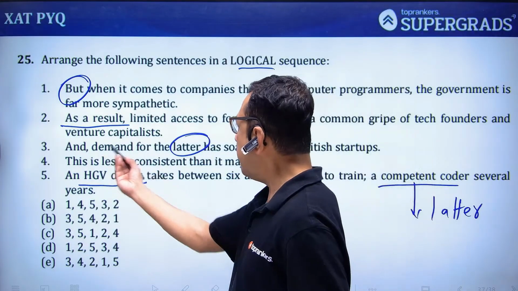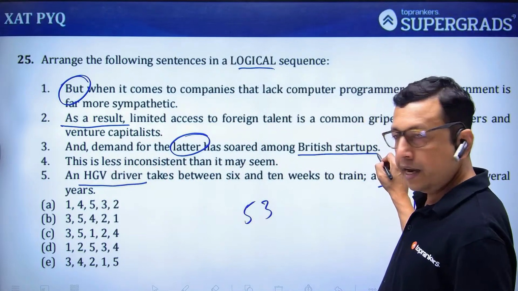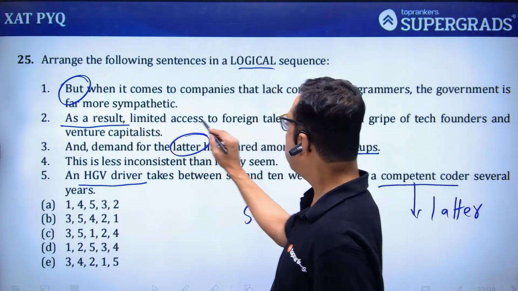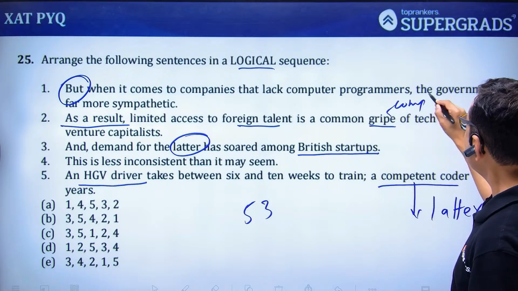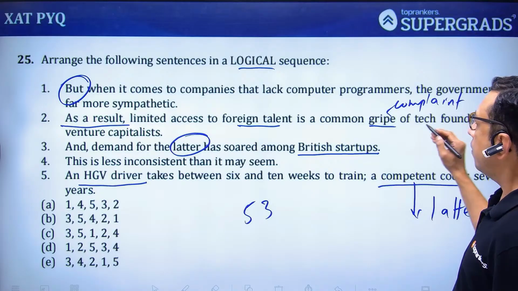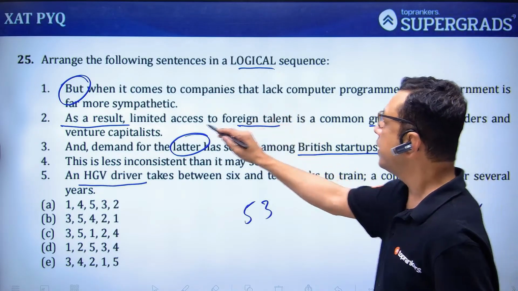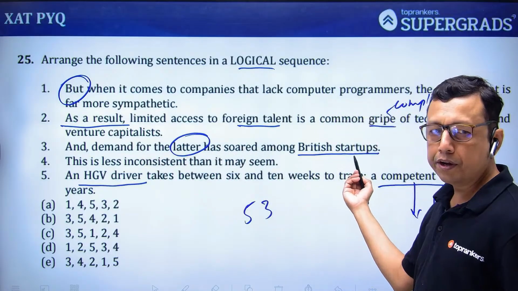5 and 3 should come together. Then, and demand for the latter has soared among British startups. And as a result, limited access to foreign talent is a common gripe. Gripe means complaint. So why has this become a common complaint? Because the demand has soared in the British startups.